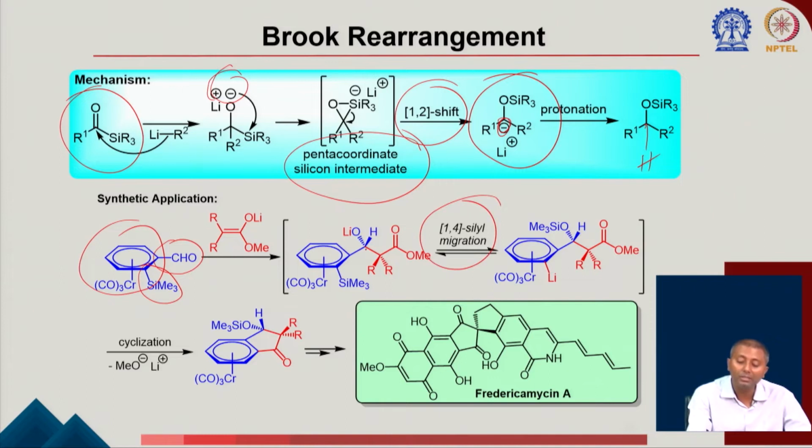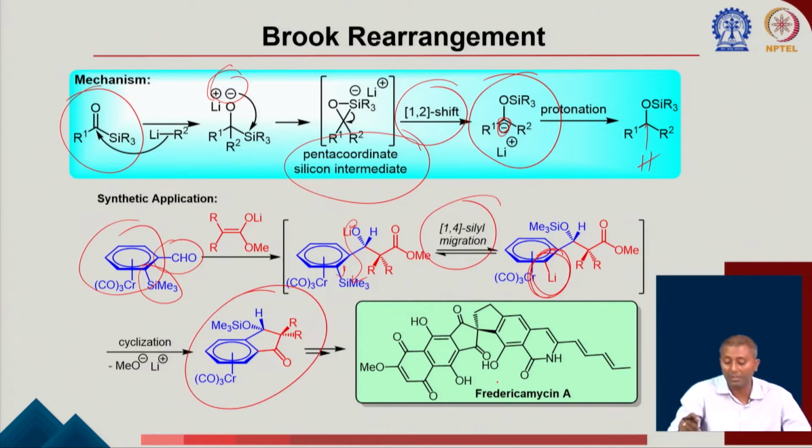So this is a 1,4 Brook rearrangement happening to generate the corresponding lithium on this carbon, because the O minus forms this pentacoordinated species, giving electron density and weakening this carbon-silicon bond to generate this carbanion. That can then undergo further intramolecular cyclization to form this compound, which was converted to the important natural product.